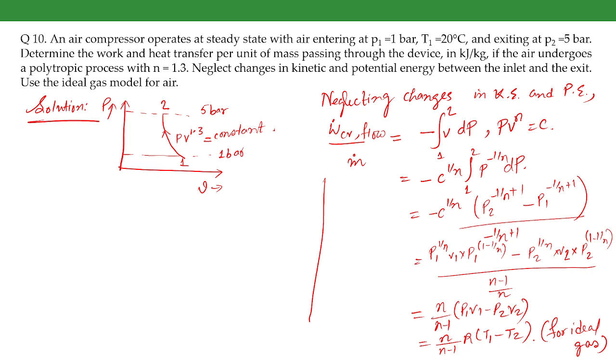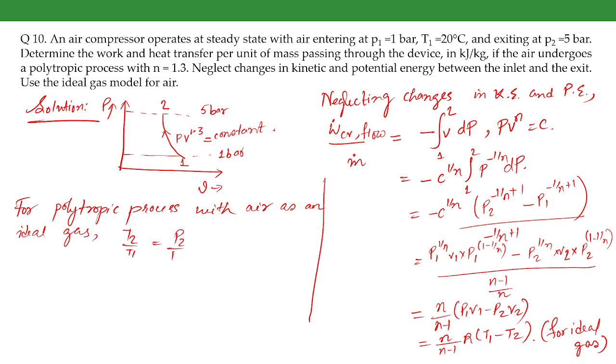So for a polytropic process with air as an ideal gas, T2 by T1 is equal to P2 by P1 whole to the power n minus 1 by n.